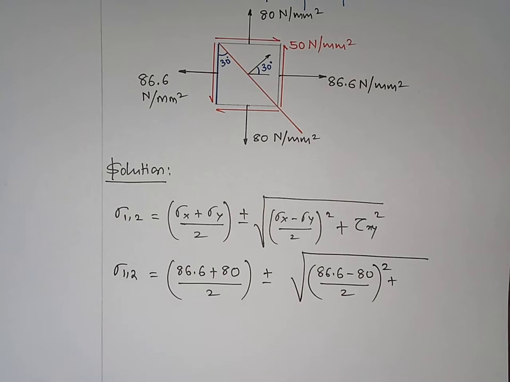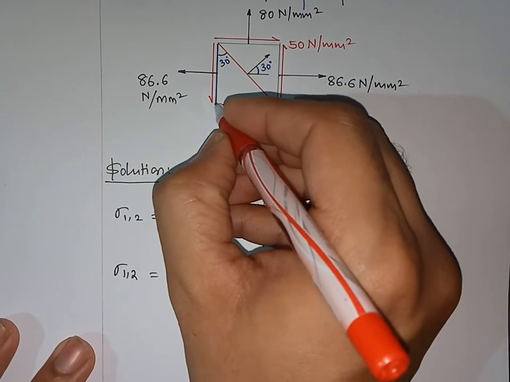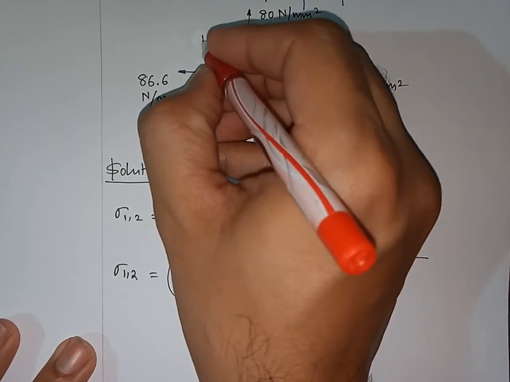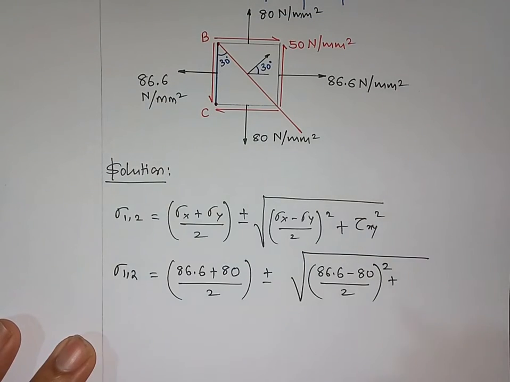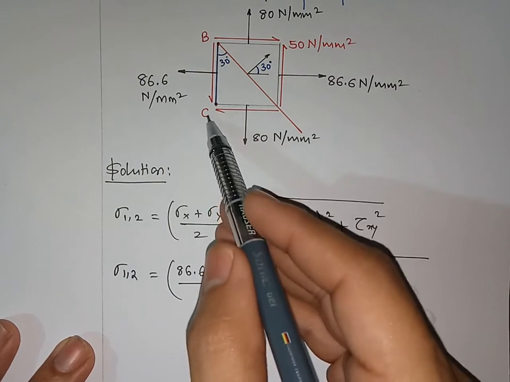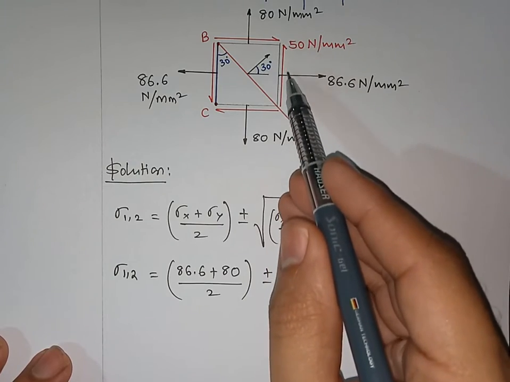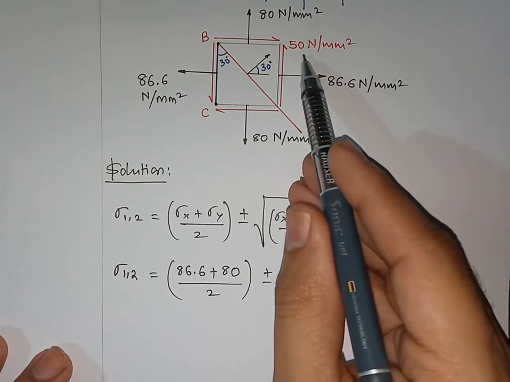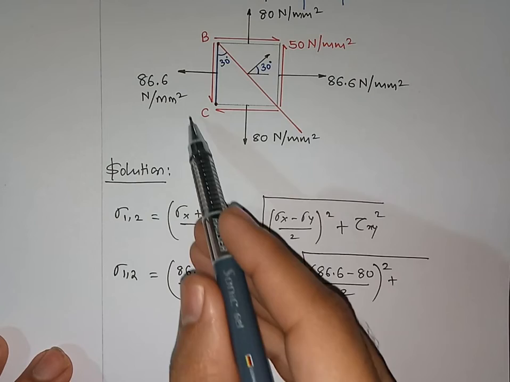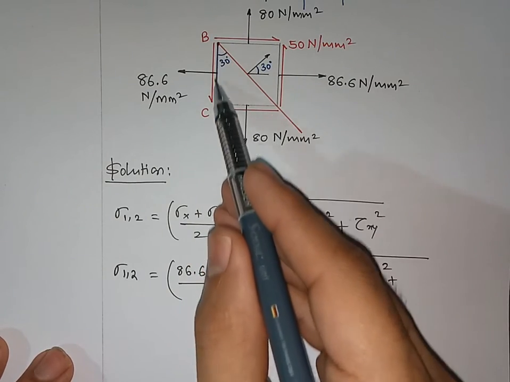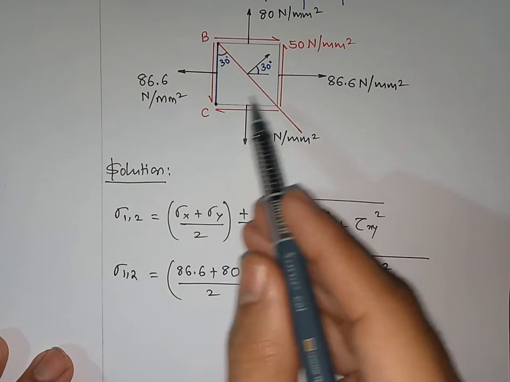So I'll just denote these as 2 points, B and C, right? So if BC is the reference plane, with respect to BC, what is this direction? This 50 is making an anti-clockwise direction with respect to this vertical plane BC, which is my reference plane.